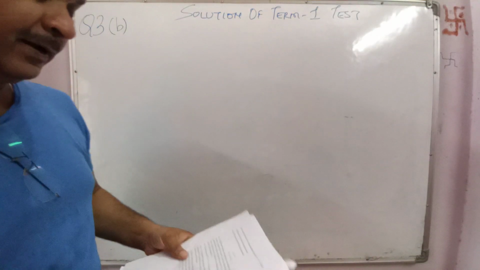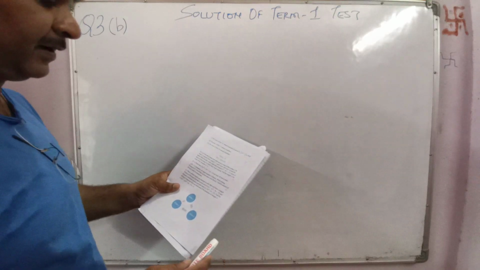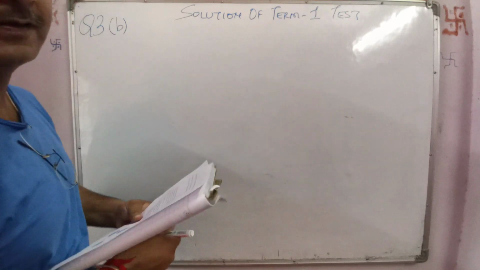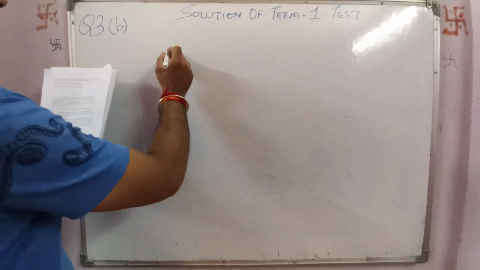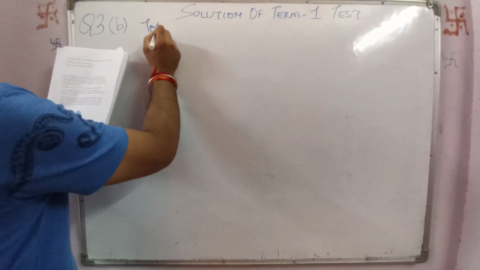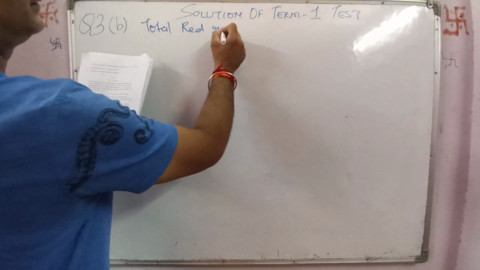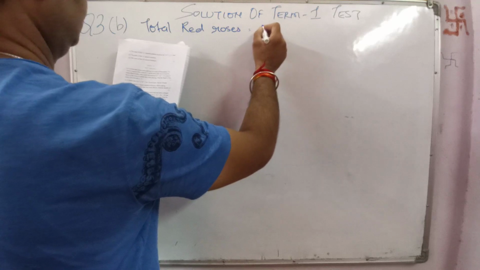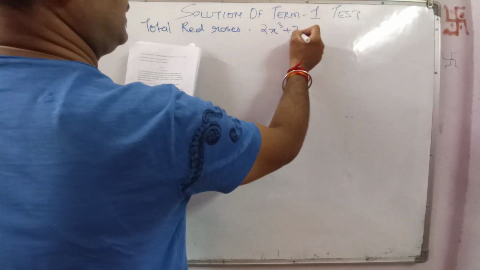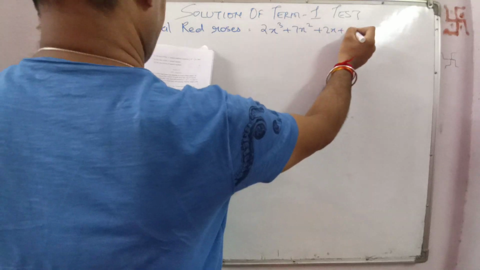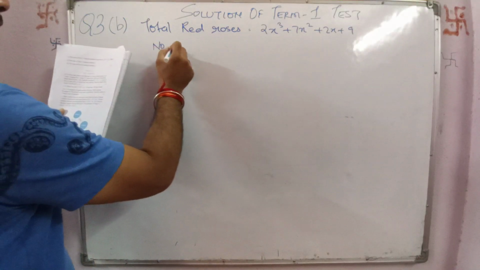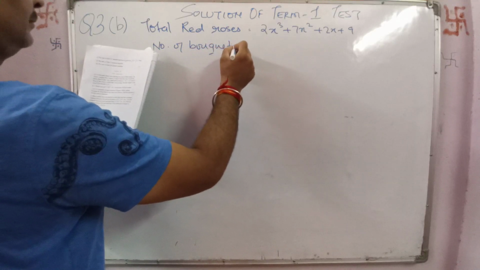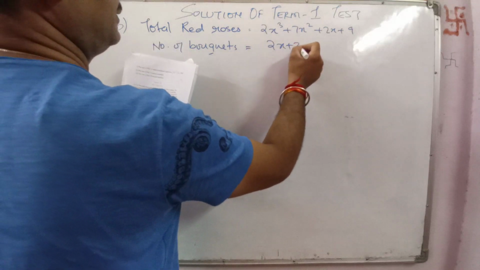Now we know that the total number of red roses is given, and in each bouquet 2x plus 3 flowers must be there. So the number of flowers in each bouquet will be given by the total red roses, 2x cube plus 7x square plus 2x plus 9, divided by the number of bouquets he has to make, that is 2x plus 3.